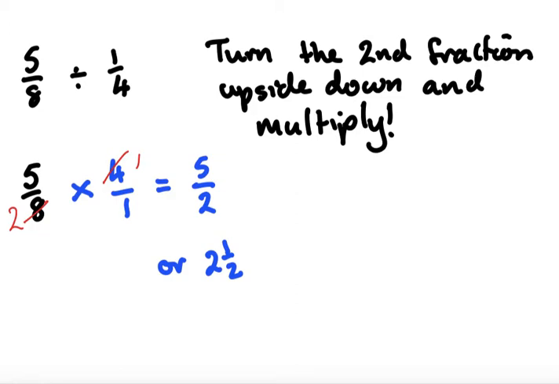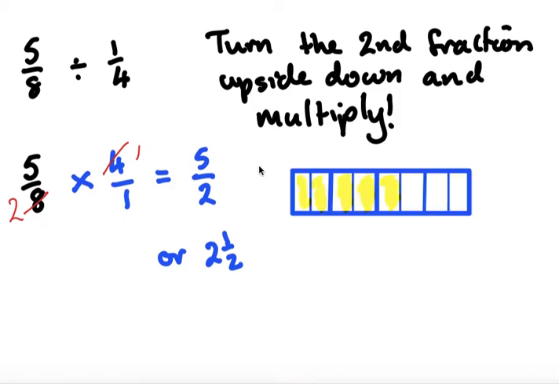Now, why does it work like that? How come we can do that? I'm going to show you with a little diagram. As you can see here, I've got a box with 5 of the 8 bits shown, and we're dividing it by a quarter. You can see that this quarter here is the same shape as this one here.